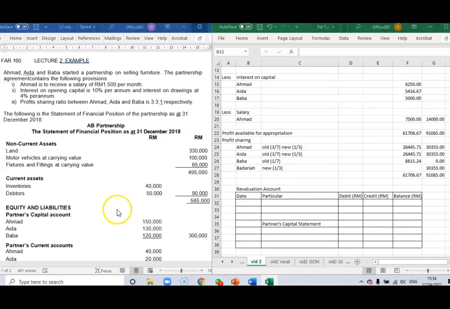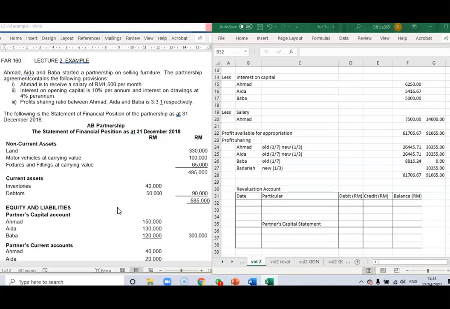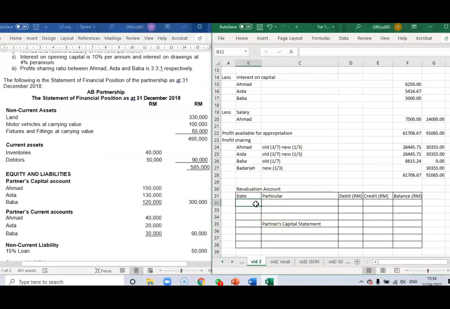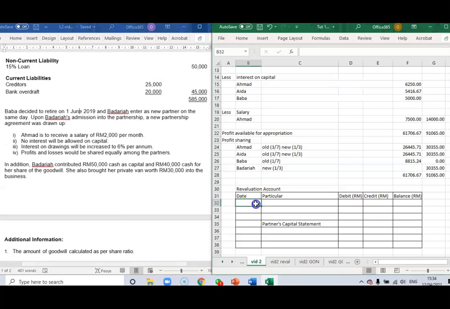Let's have a look. I think it's the 1st of May, not May 1st, June 1st. June 1st. Okay.